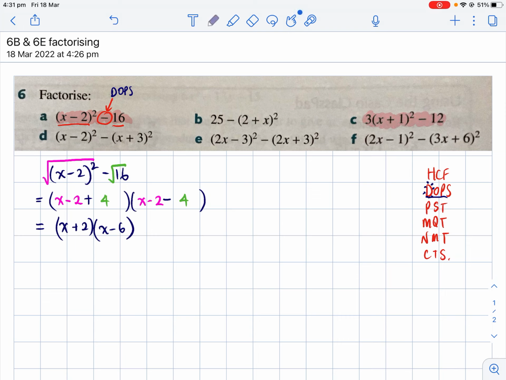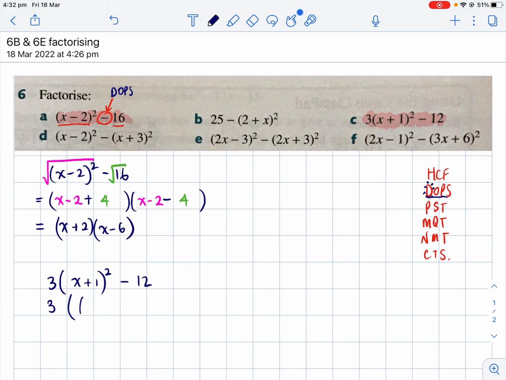So let's break this down a little bit further. We have 3 times (x plus 1) all squared minus 12. Okay, as I mentioned, we always start to work through this process over on the right when we're factorising. And the first thing I should every single time look for is the highest common factor. And this problem absolutely has a highest common factor.